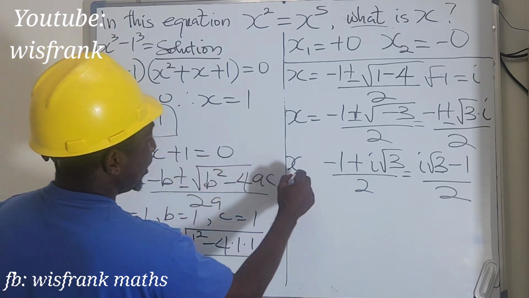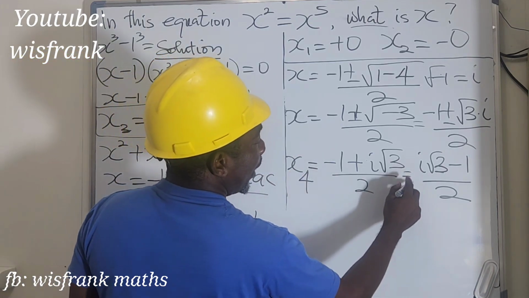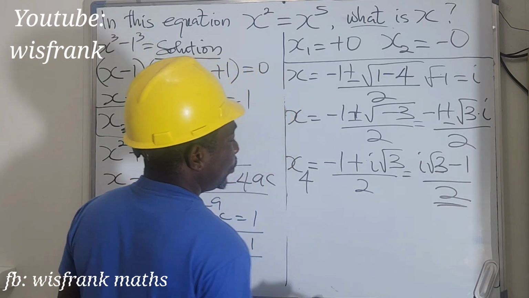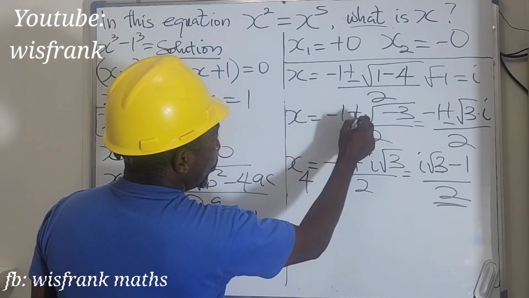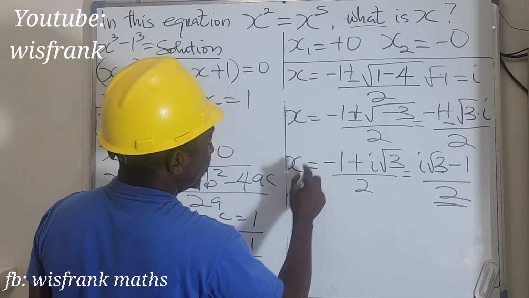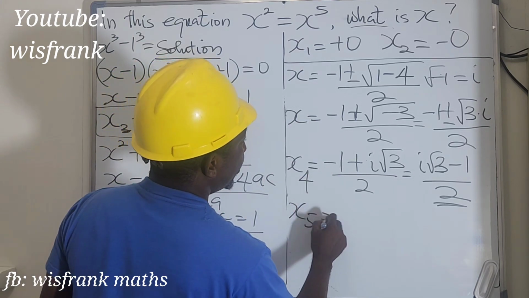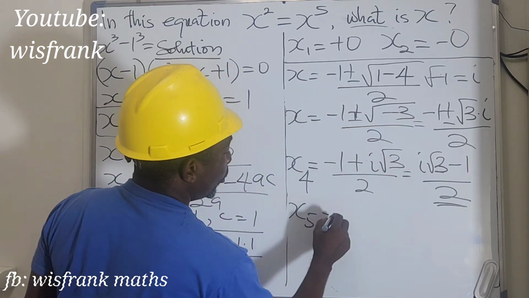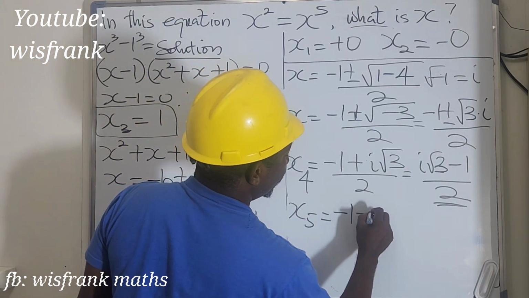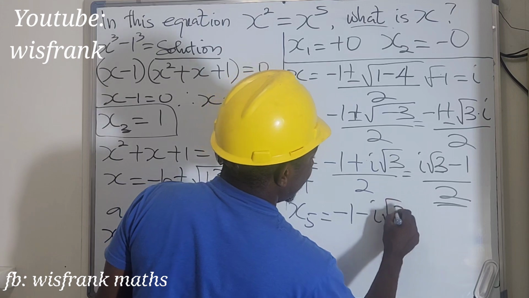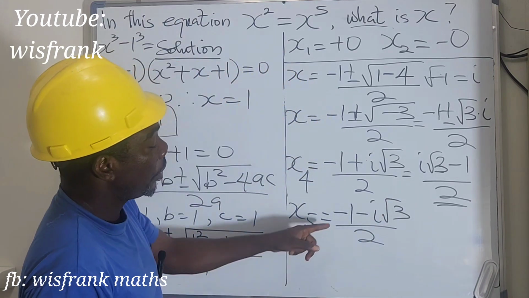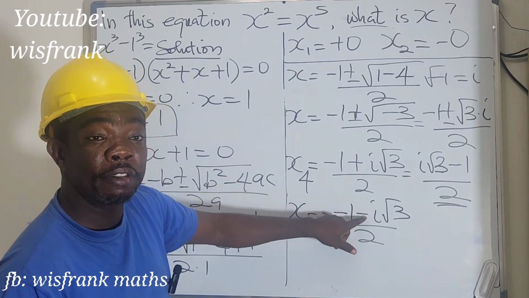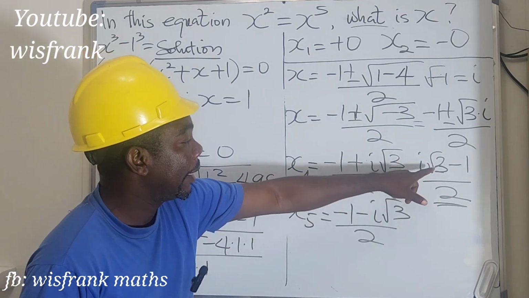We have x3 here, our x4. So our x4 is iota root 3 minus 1 all over 2. So our x5, which is the second value of x in this expression, is going to have the negative sign. So it's going to be minus 1 minus iota root 3 all over 2. In this case, we can expand this with a negative value for us to have the positive value inside, like this.